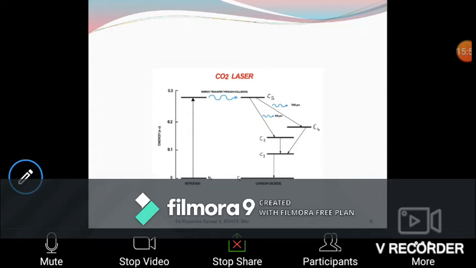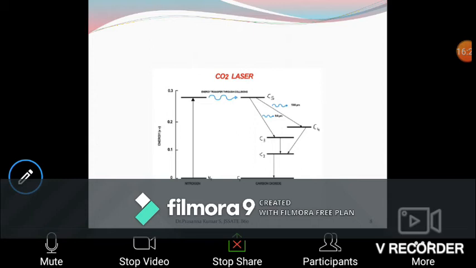See what is happening here? The nitrogen is transferring energy to the carbon dioxide molecule, so the carbon dioxide molecules get excited to C5. C5 is a metastable state.